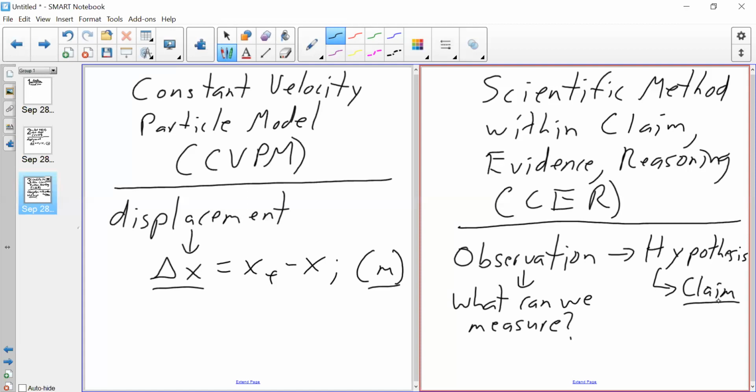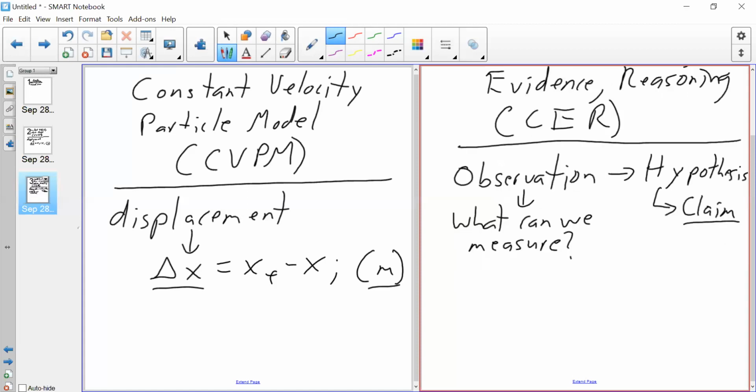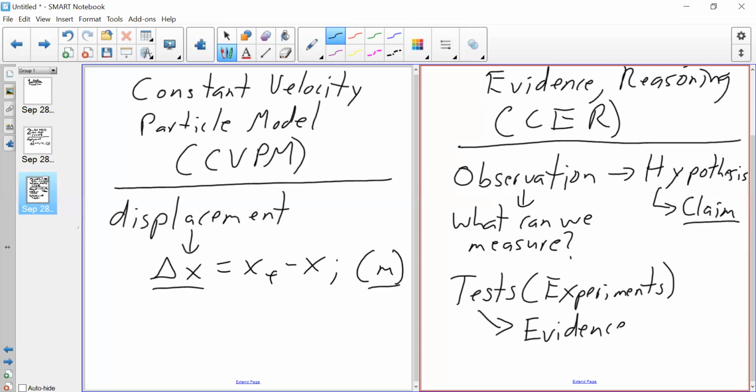After we establish a claim, we want to go test and see if our claim is true or not. We test it by way of experimentation. Tests or experiments are what we generally do next. We collect evidence. The tests of the experiments are the evidence in the lab. Claim, evidence.